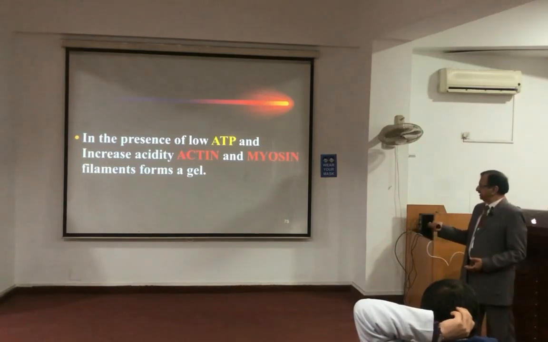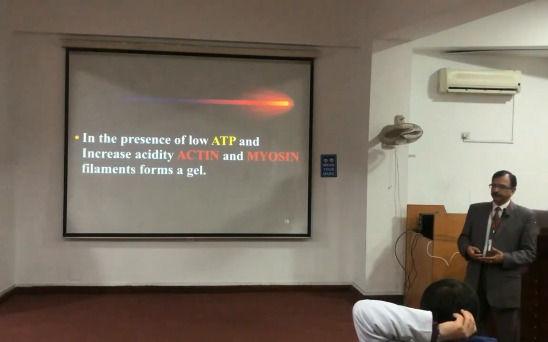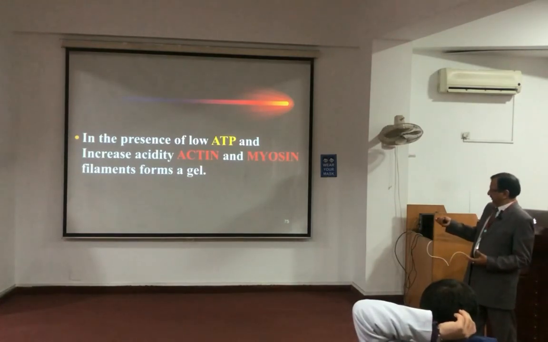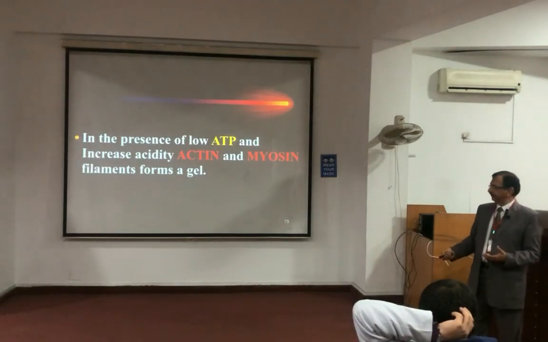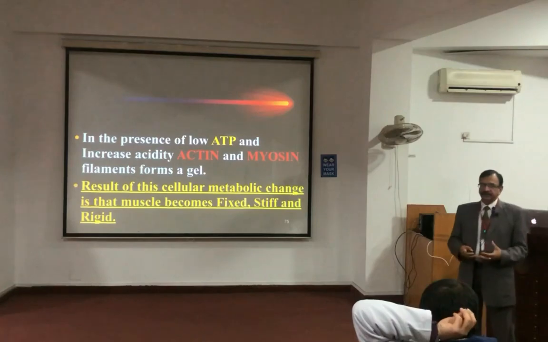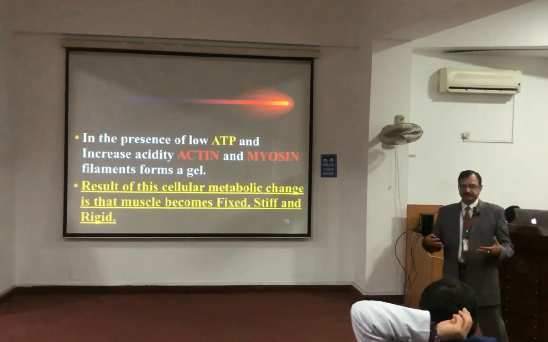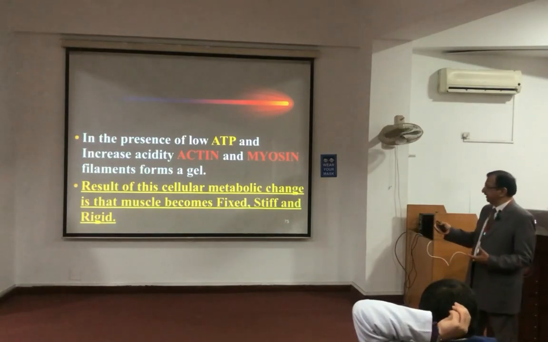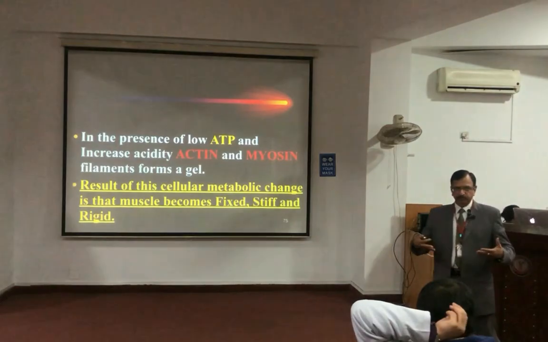So, in the absence of ATP, the actomyosin filaments form gel-like structures. They become fixed, and this results in a change that the muscles now become rigid, fixed, and stiff. It will not be moving.